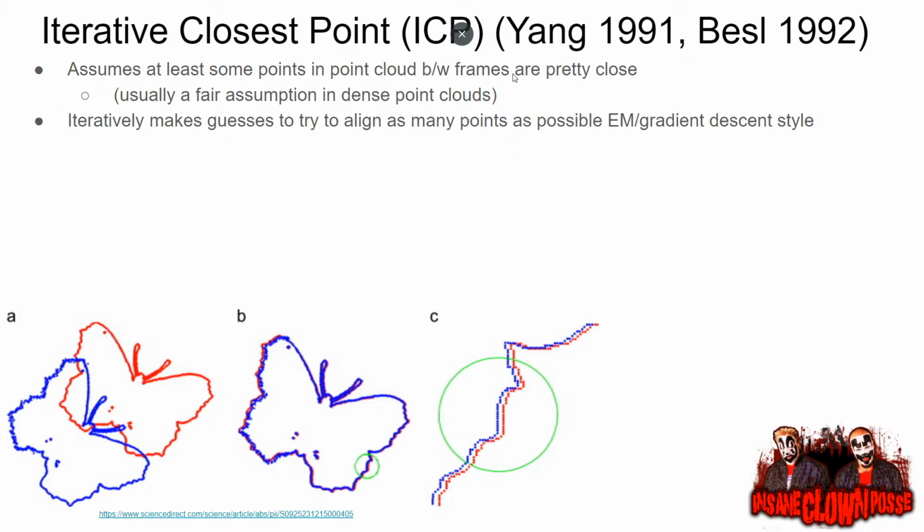So what iterative closest point does is it keeps making guesses about how to align the points, and it uses basically mean squared error to figure out if the alignment is good.